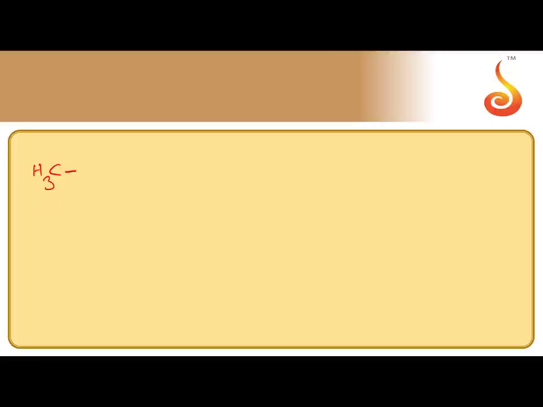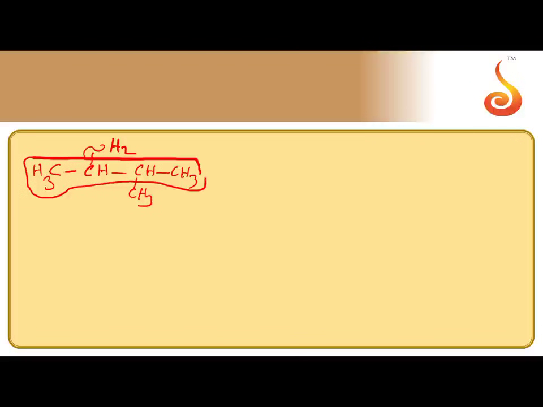Let us take a few more. CH3CH(CH3)CH(CH3)NH2. This is a primary amine because N is attached to only one carbon. First you select the longest carbon chain holding nitrogen.